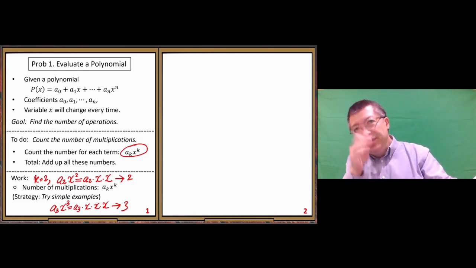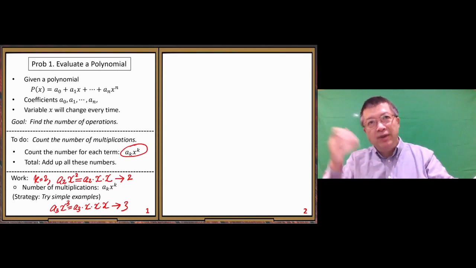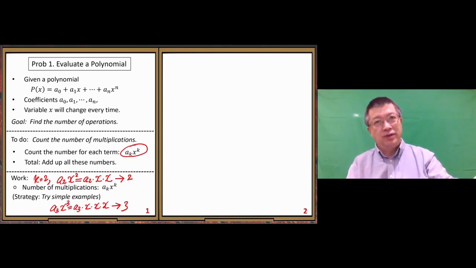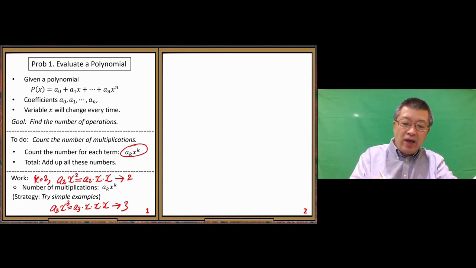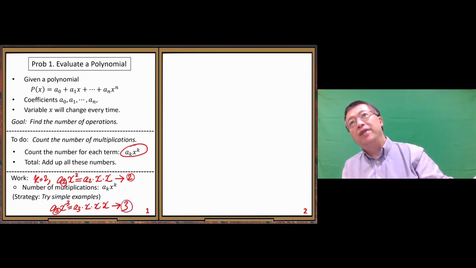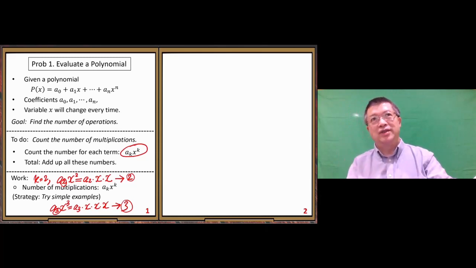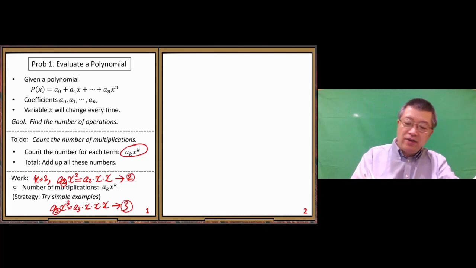Is there any rule you can observe from these experiments? So when k equals 2, your answer is 2. When k equals 3, your answer is 3. Do you get the rule? By induction, this looks like induction. So the answer is k. For the general k, the answer is k.